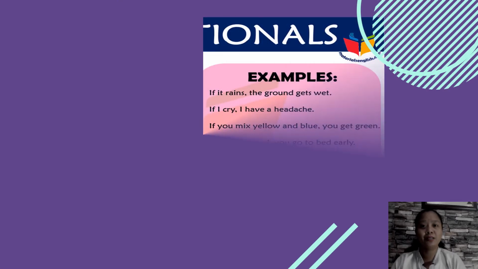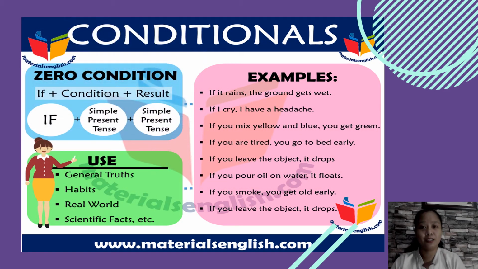We write zero conditional sentences when we try to show general truths, something habitual, something that is found in the real world, and something scientific or factual. Now, how do we form zero conditional sentences? So we have the word if plus the condition given plus the result.